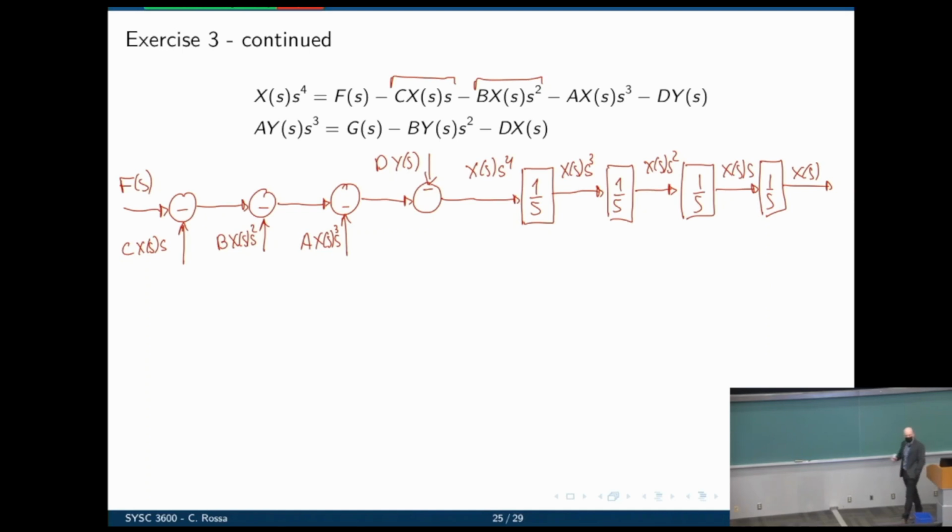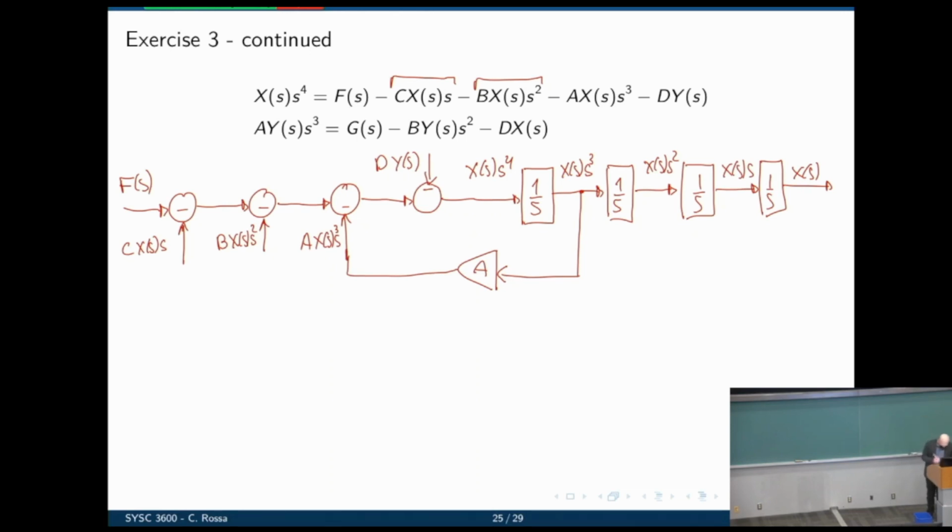And then you may ask, why didn't you just do 1 over s to the power of 4? Because we need their derivatives to complete the loop. You notice, for example, that in this loop here, we need a times x of s times s to the power of 3, which can be taken from there. Just take that signal, multiply by a, and input it there.